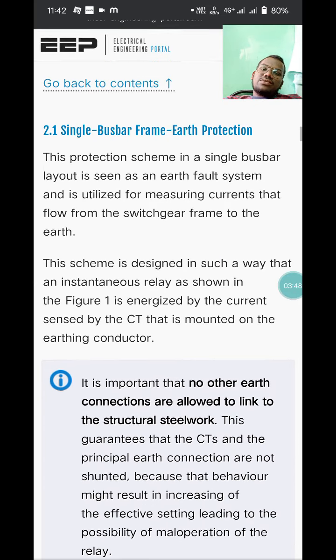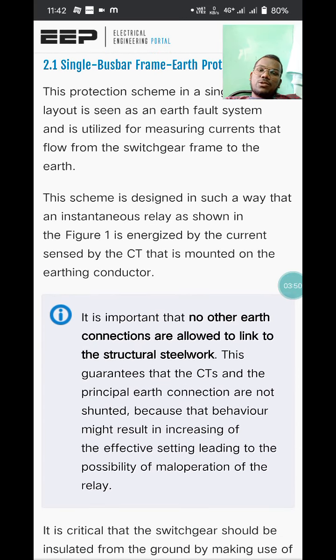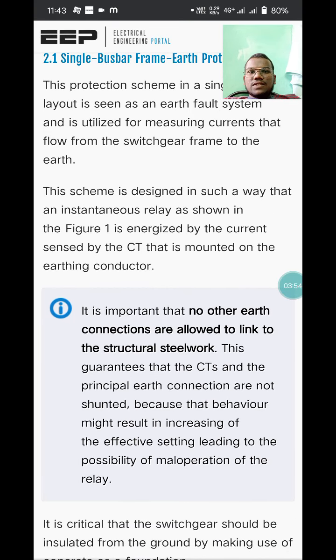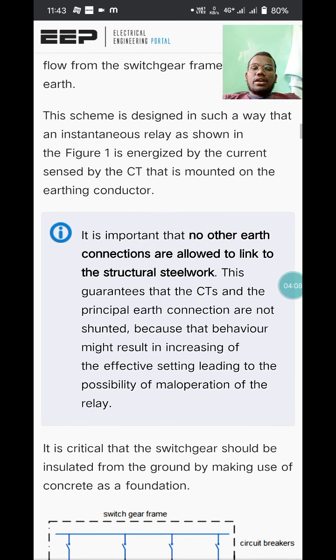The next one is single busbar frame earth protection. This protection scheme in a single busbar layout is seen as an earth fault system and is utilized for the instantaneous relay in figure 1, energized by the current sensed by the circuit that is mounted on the earth conductor.